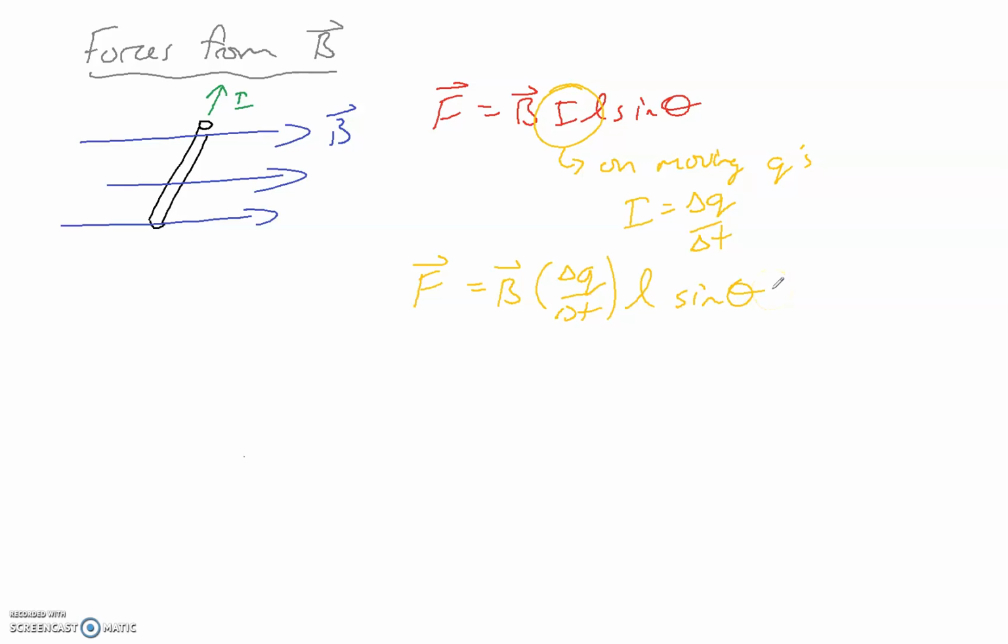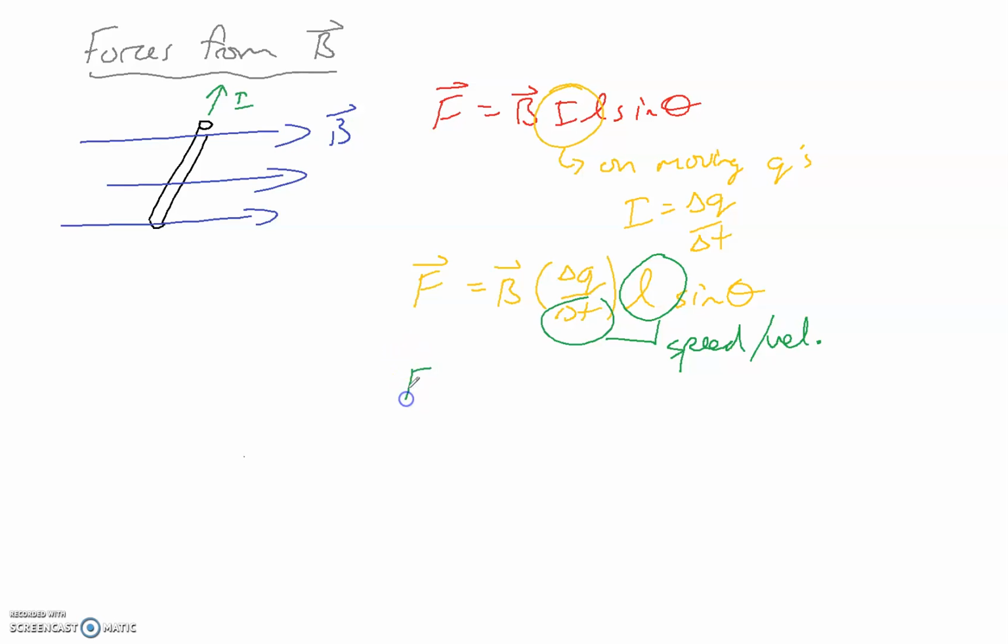Two things go together very nicely here. Down here we have time, and over here we have length, which is just a distance. So you have distance divided by time, which gives you speed or velocity.